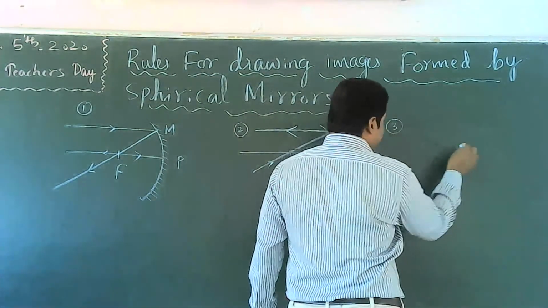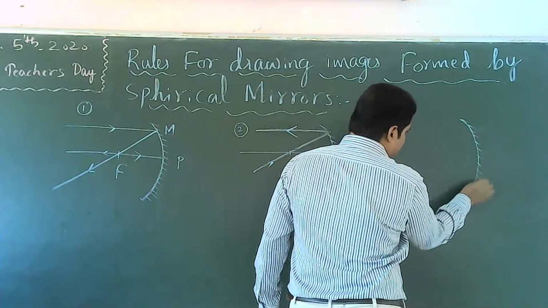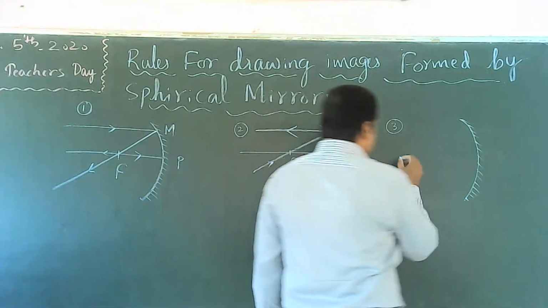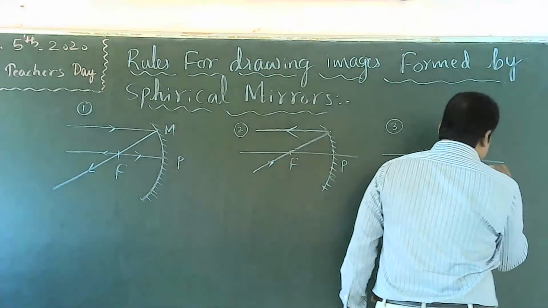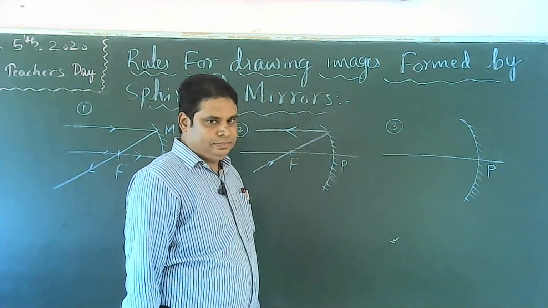Third ray. Third principal ray. Once again, let us consider the principal axis and the pole.